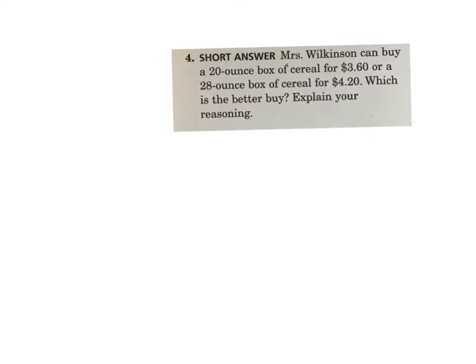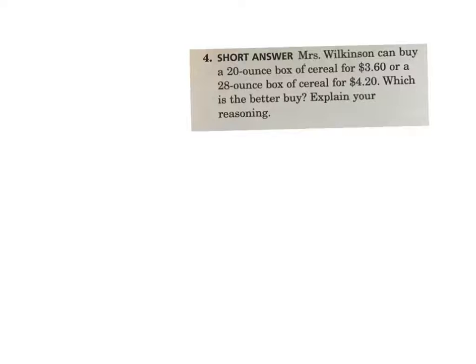All right, number 4. Mrs. Wilkinson can buy a 20-ounce box of cereal for $3.60 or a 28-ounce box of cereal for $4.20. Which is a better buy? Okay, so I have a 20-ounce box of cereal, and that is for $3.60.